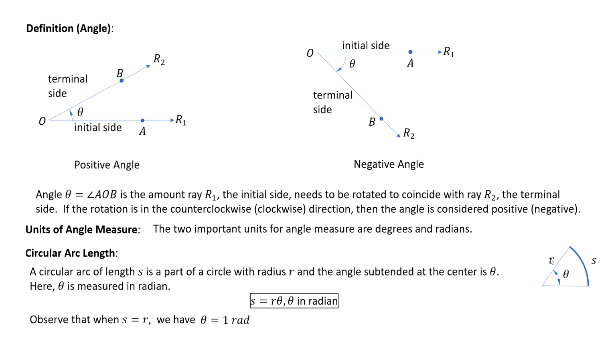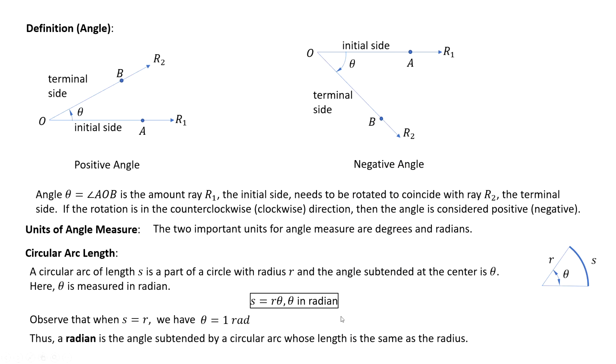That's the way we will define radian. So thus, a radian is the angle subtended by a circular arc whose length is the same as the radius. Cool? So now we have defined 1 radian.